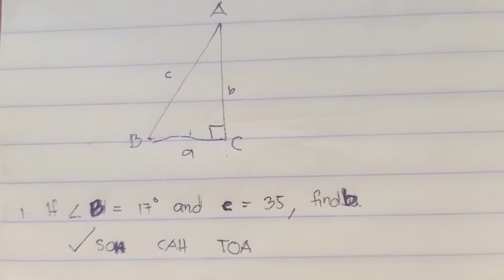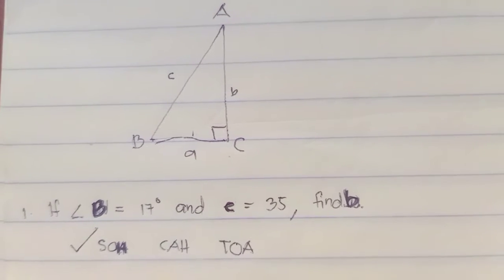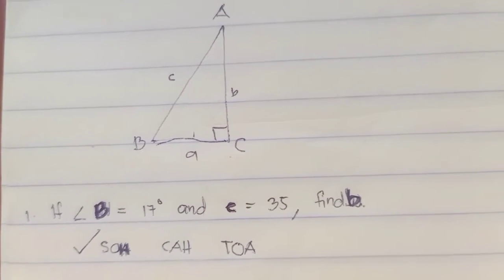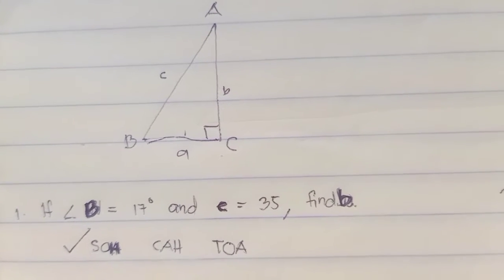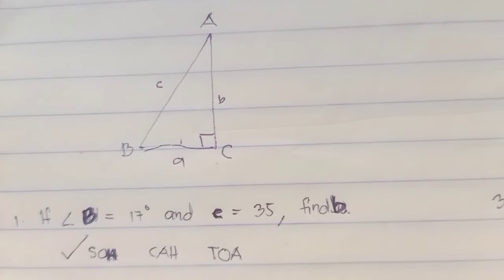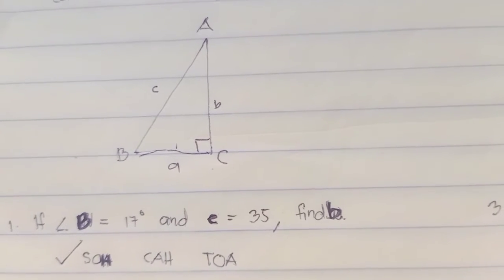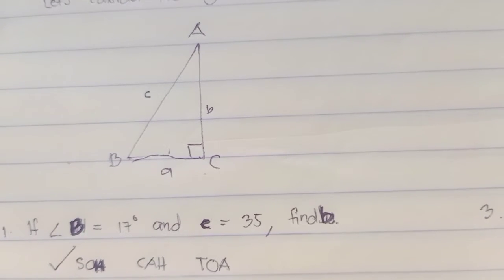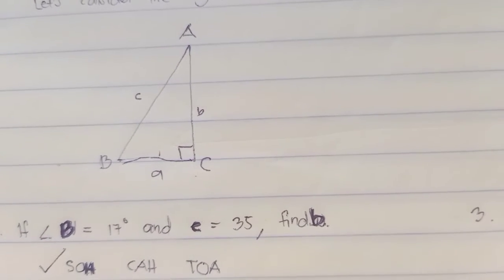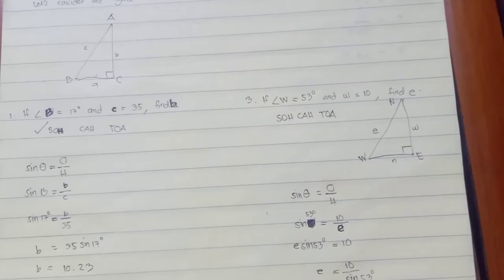Number 1: if angle B is equal to 17 degrees and c is equal to 35, find b. In solving right triangles, guys, we use SOH-CAH-TOA. SOH stands for sine is equal to opposite over hypotenuse, CAH for cosine is equal to adjacent over hypotenuse, and TOA for tangent is equal to opposite over adjacent.